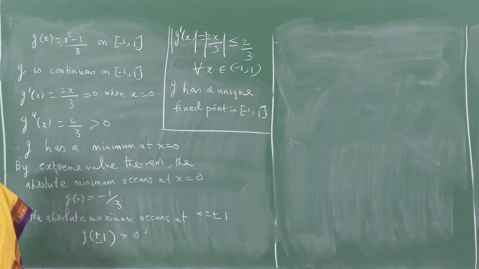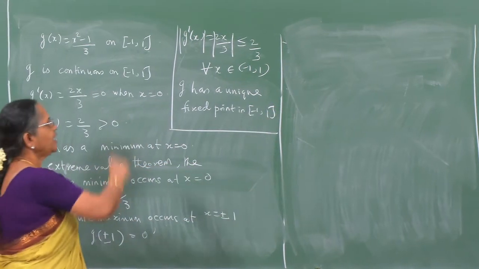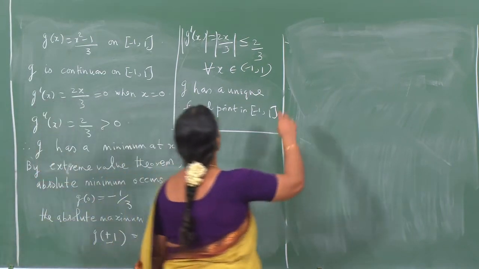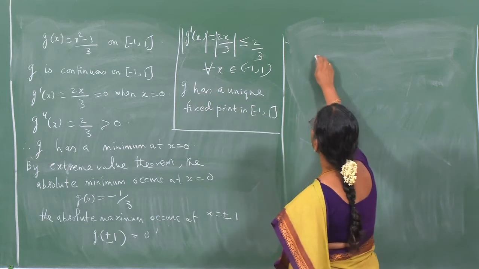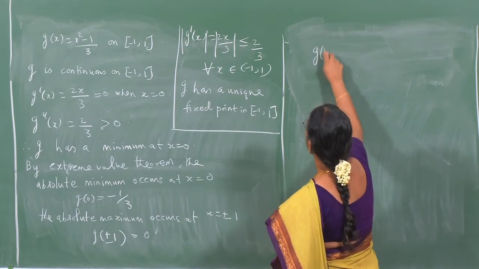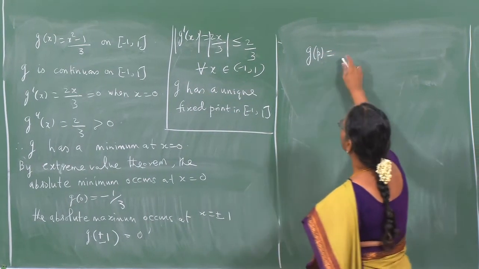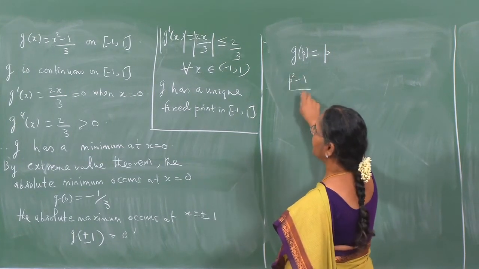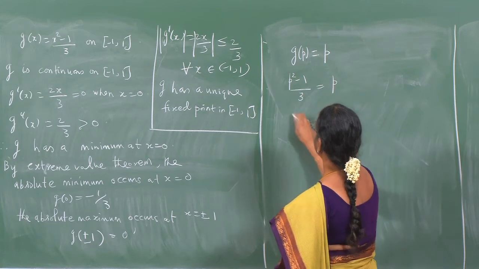So, let us find out this unique fixed point. How do you compute that? A fixed point of this function is that p for which g of p is p. So, we must have (p square minus 1) by 3 equal to p.